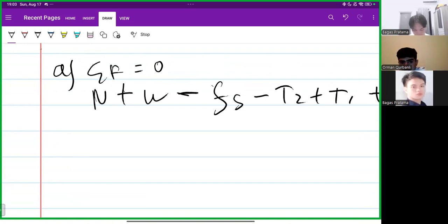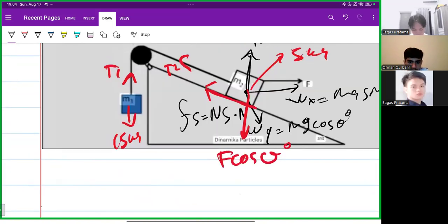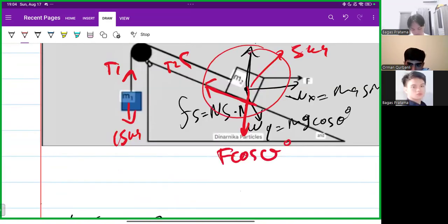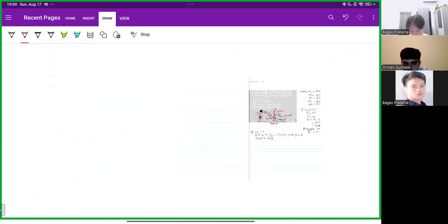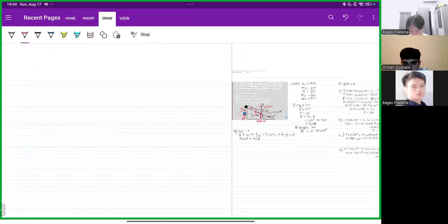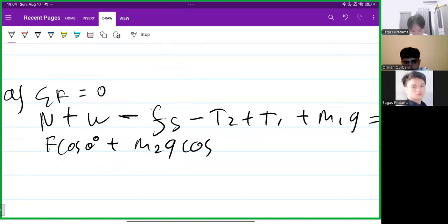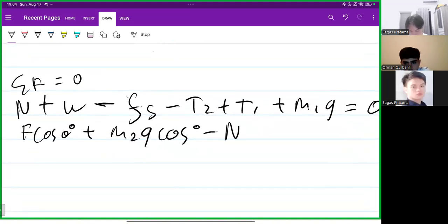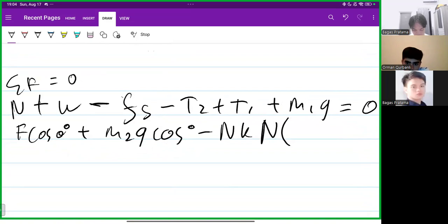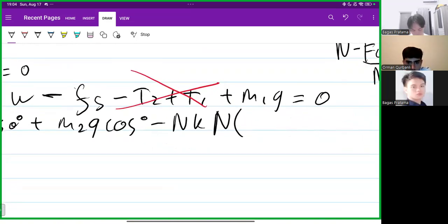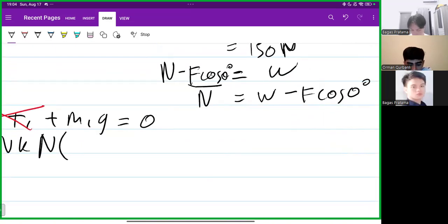Then the normal force, we elaborate each of this equation or formula. So N should be F cos theta plus W, M2G, because we are using this block. I think we assume there's no other forces. Okay, then M2G cos theta minus the mu k. We just distinguish this, so we are using this combination.